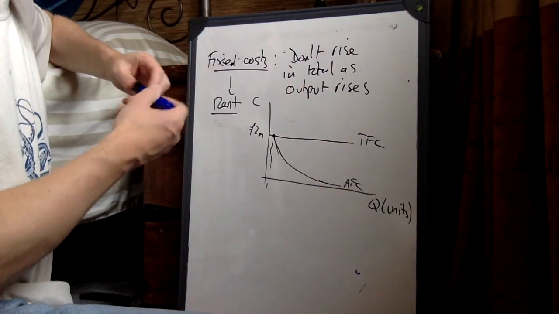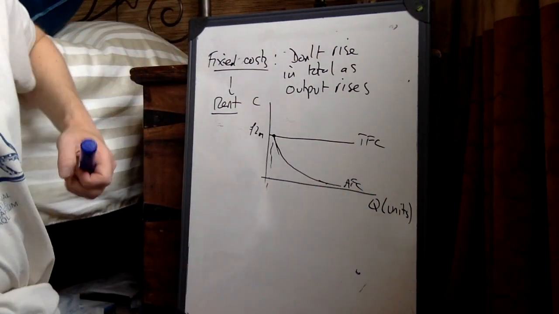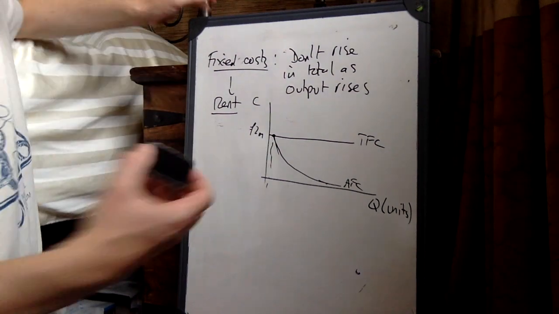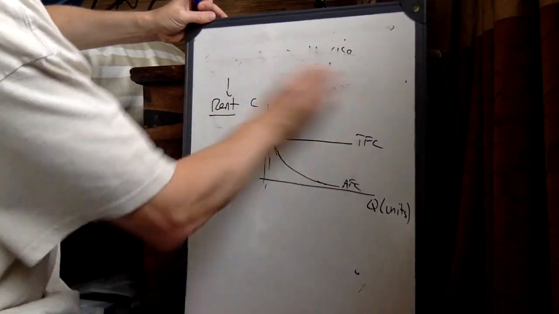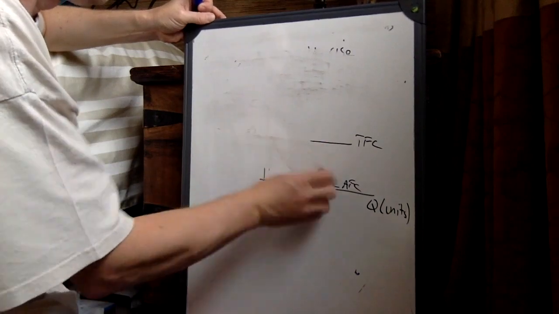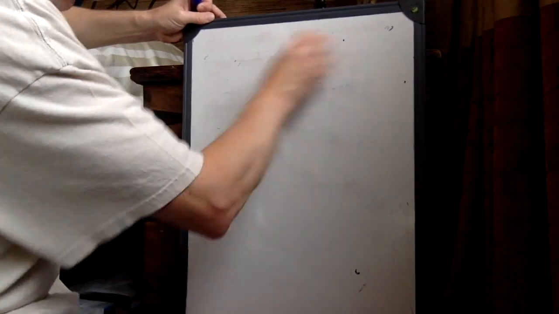What we then needed to do was to start to have a look instead at variable costs. So that's the theme of this one: what happens to variable costs in the short run as the firm tries to expand?